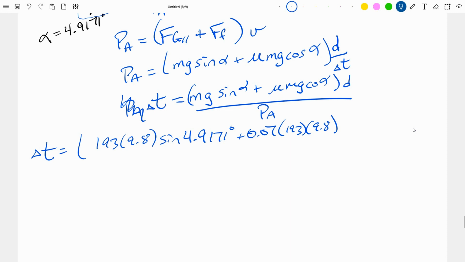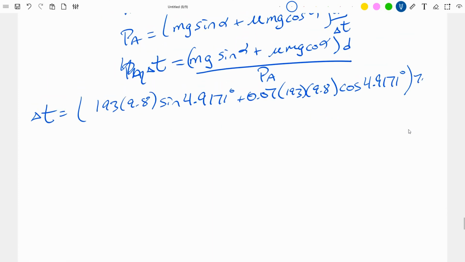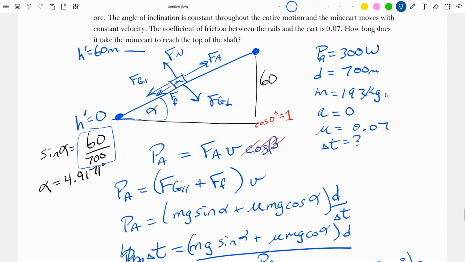That was the mu mg, cosine of that same angle, 4.9171 degrees. I think that's it for the bracketed term, multiplied by the distance. The distance was 700, I think? Yes, 700. And all of this is over the power of our little motor, 300 watts.